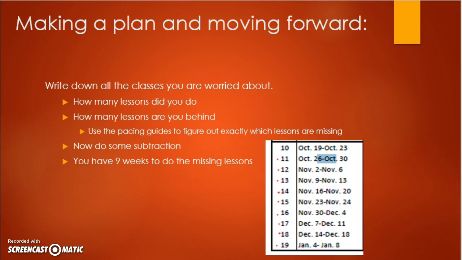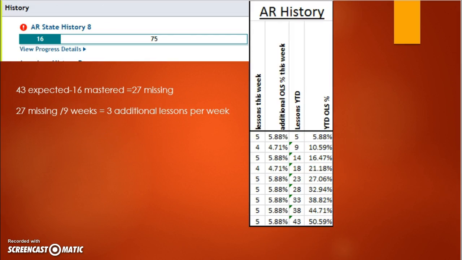So let me show you a real example of a student. This student did 16 lessons in Arkansas history, a little bit behind. By the end of the 9 weeks, they should have been at 43. So all we do, 43 expected minus the 16 that they mastered means that they're missing 27 lessons.